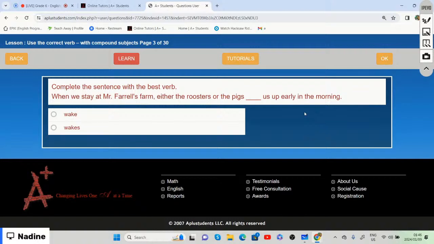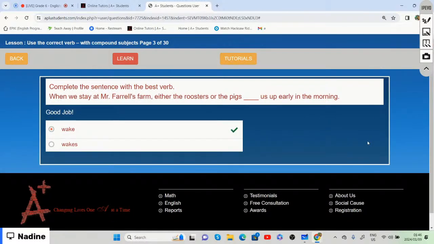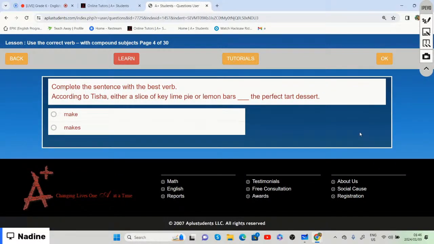So with us having a plural subject, remember our plural verb needs to be in agreement. And a plural verb is not going to end in s, es, or ies. So we're going to say, when we stay at Mr. Farrell's farm, either the roosters or the pigs wake up early in the morning. And wake up early is correct.